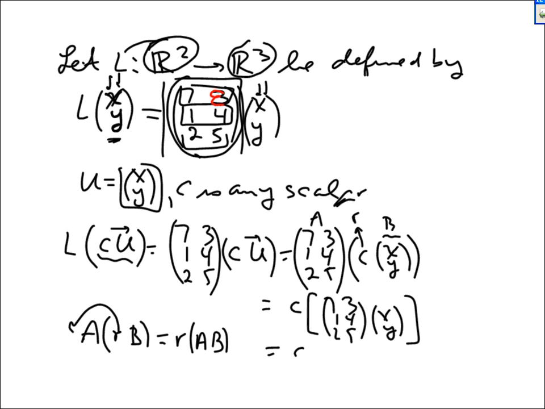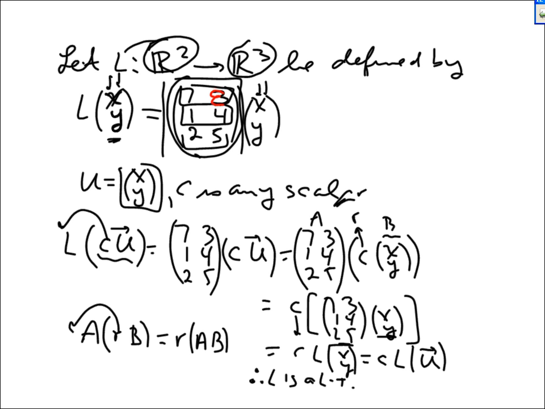And that matrix times any vector is L of that vector. And another name for that vector is u. Yep, the c comes in front. Therefore, L is a linear transformation.